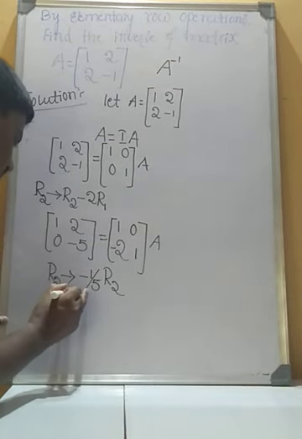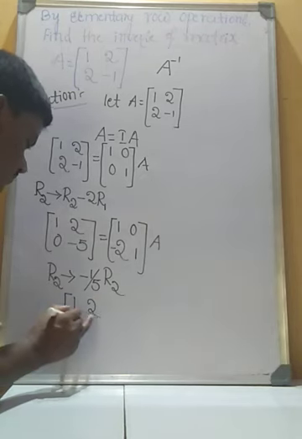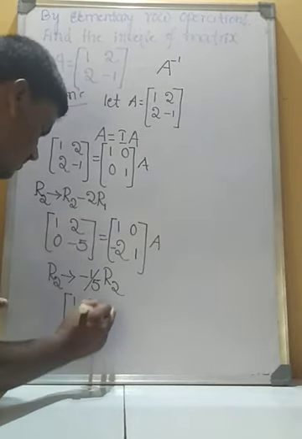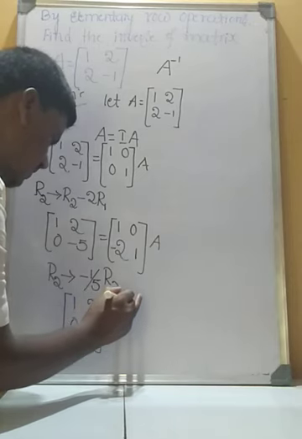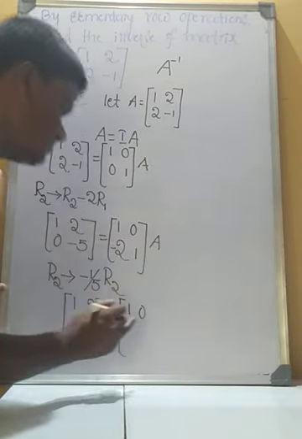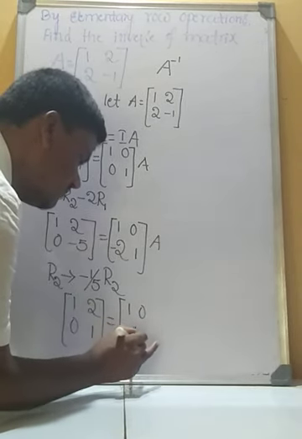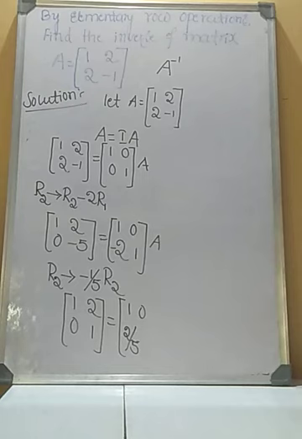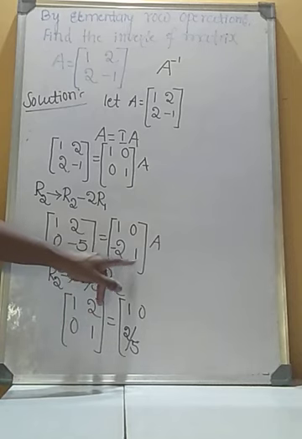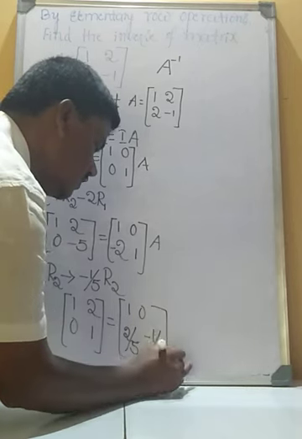So the matrix 1, 2 as it is, 0, minus 1 by 5 into minus 5 gets cancellation becomes plus 1, equals 1, 0 as it is, minus 2 into minus 1 by 5, minus into minus becomes plus 2 by 5. Next element minus 1 by 5 into 1, that is minus 1 by 5, into A.